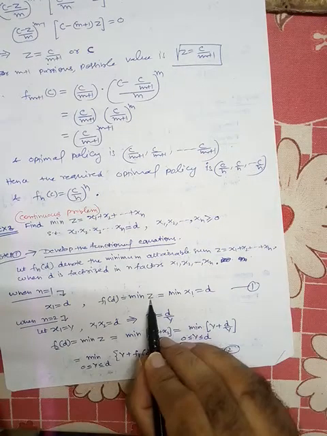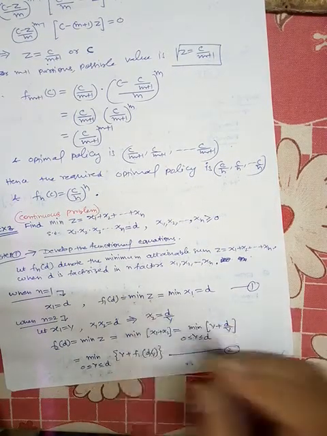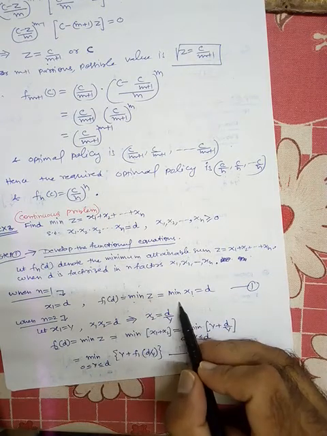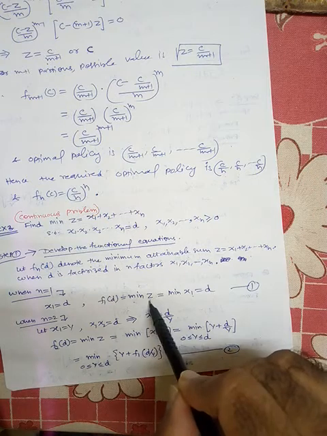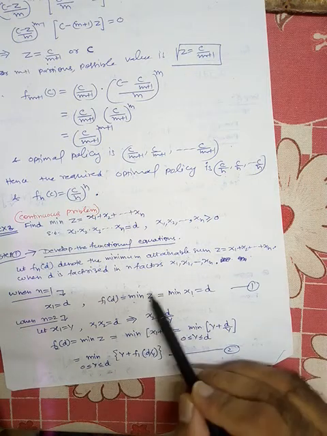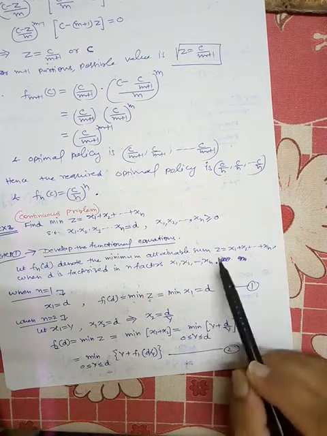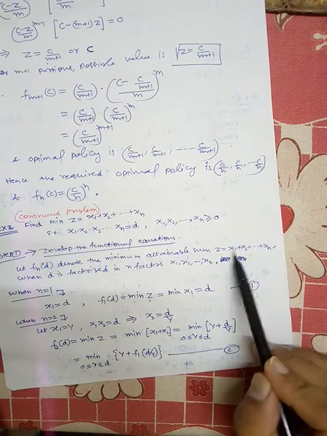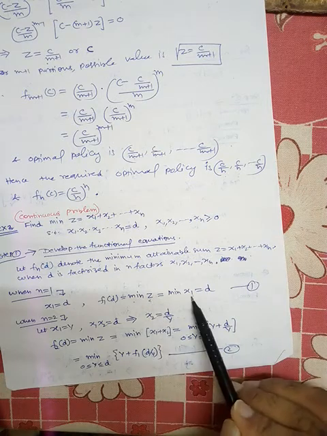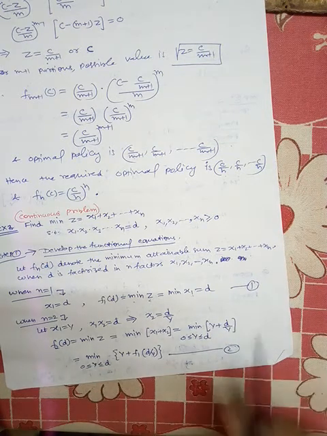So z is equal to x1, so z is replaced by x1, and x1 is nothing but d. So this is equation number 1.